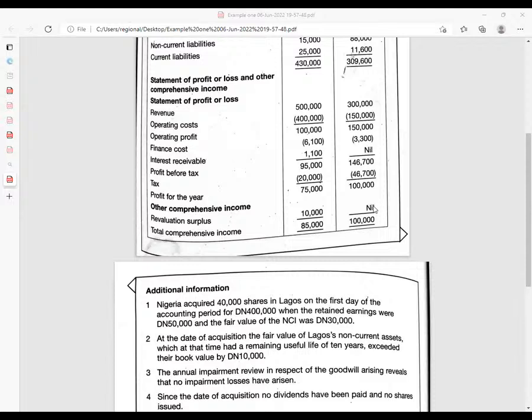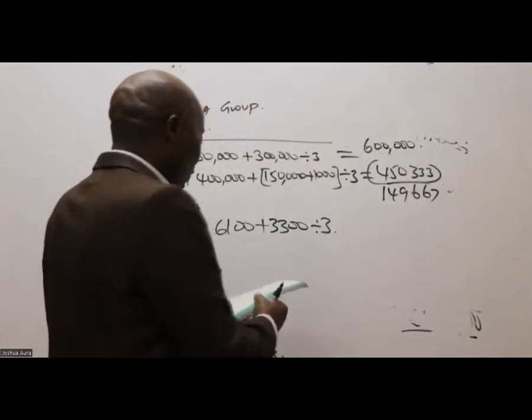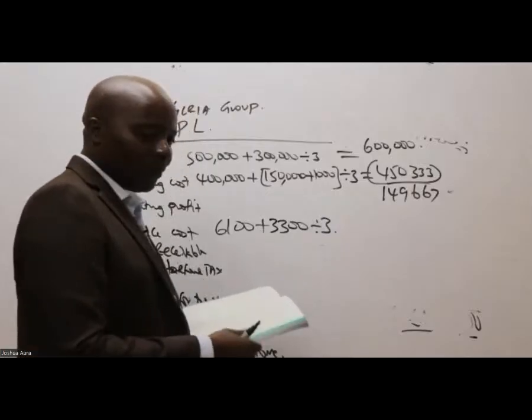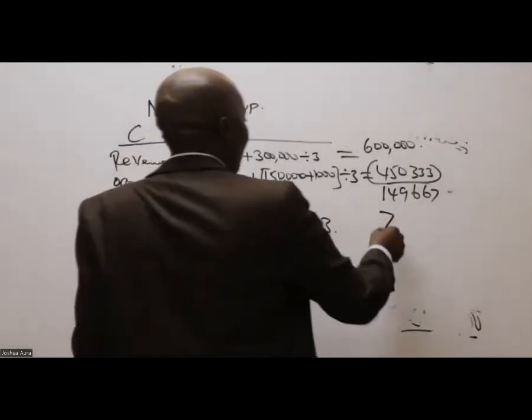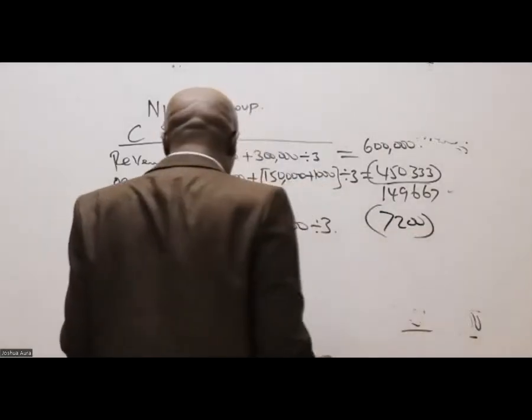But you see, this 3,300 has to be translated, so divided by the average rate, which is 3. Could you kindly give me this finance cost figure? Somebody, what do we have here? 7,200. I'm supposed to deduct that.